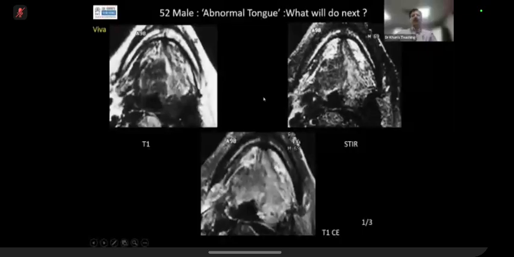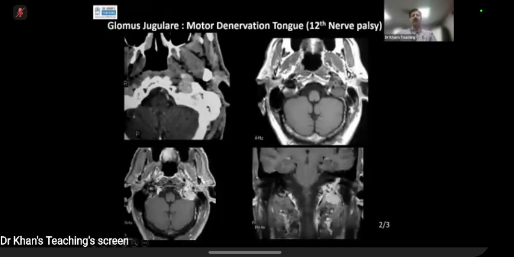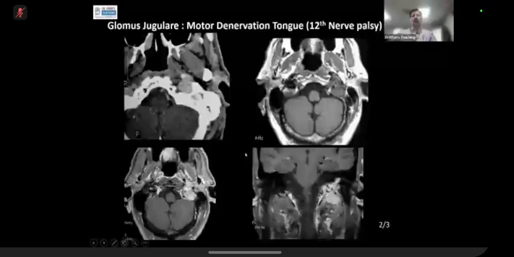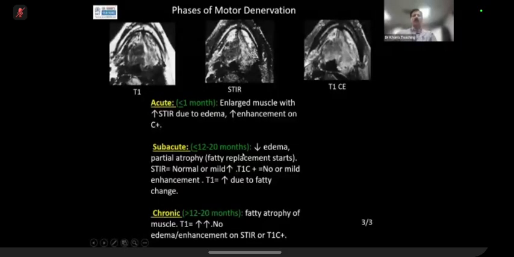So there might be a lesion at the base of the skull which can cause motor denervation. And in this particular case, there was again a glomus jugulare causing it. As soon as the 12th nerve comes out of the hypoglossal canal, it is in the carotid space. So, of course, this was an infiltrative lesion which has caused its denervation.